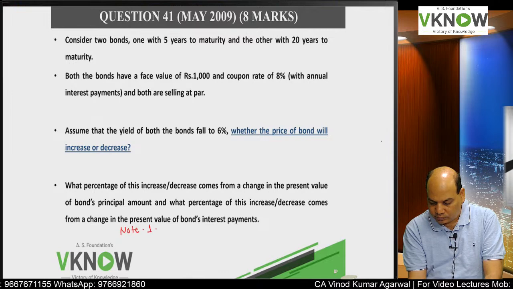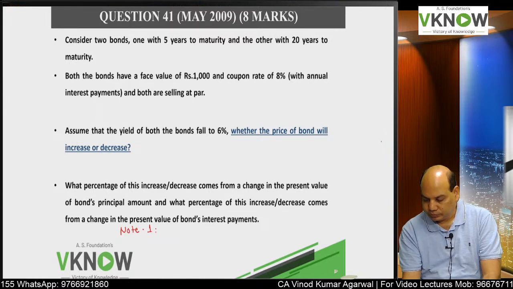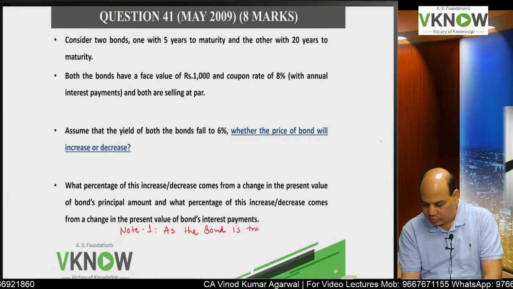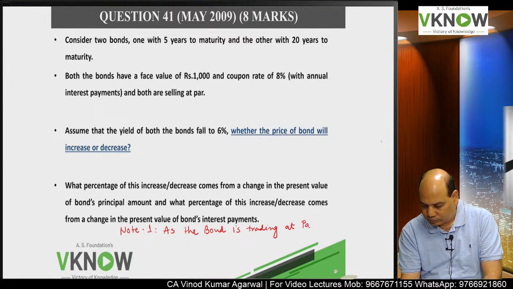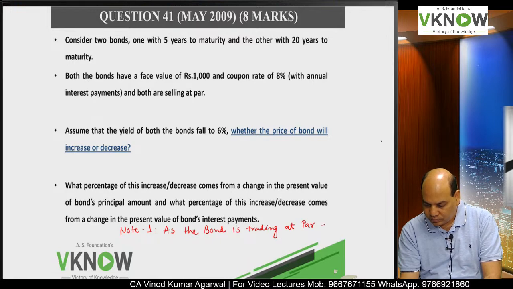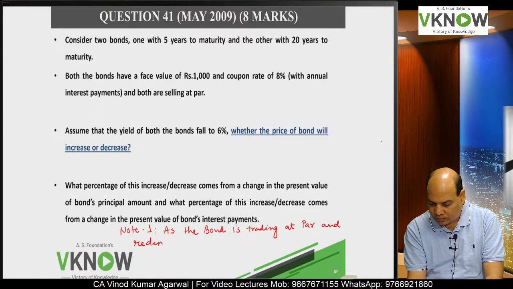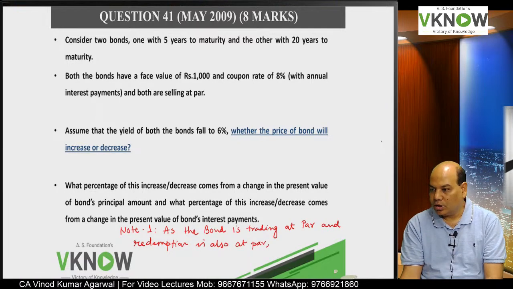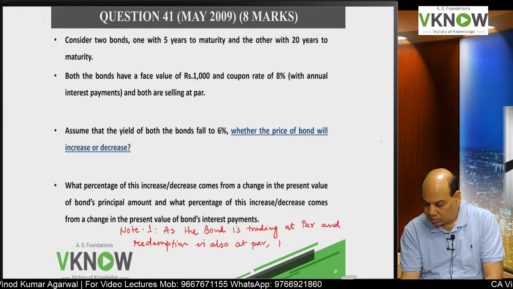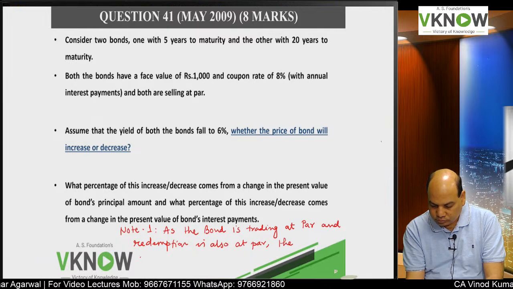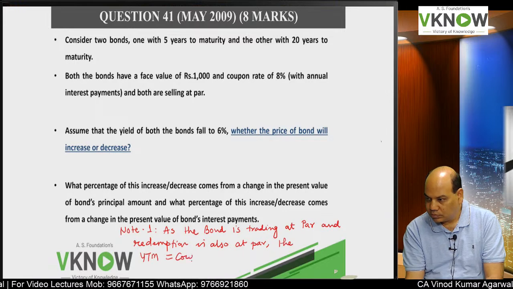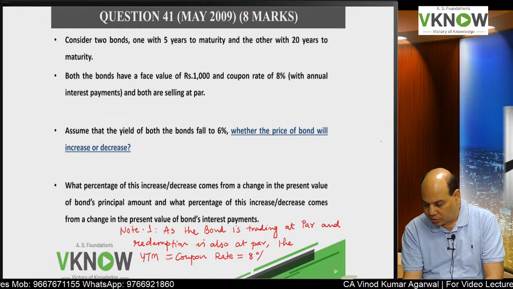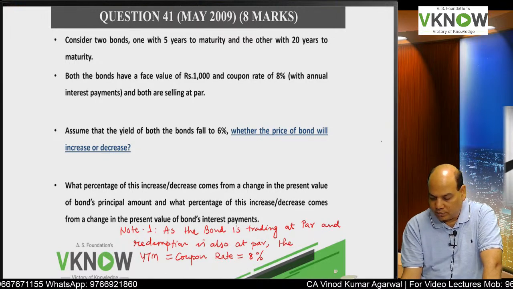First write down note number 1. As the bond is trading at par and redemption is also at par, the YTM is equal to coupon rate is equal to 8%.